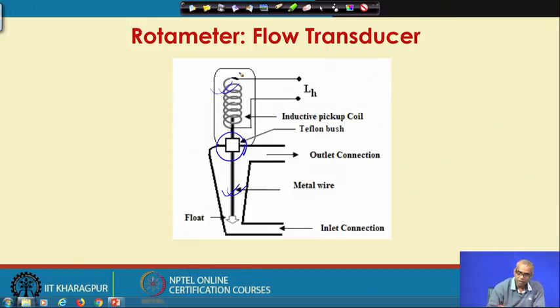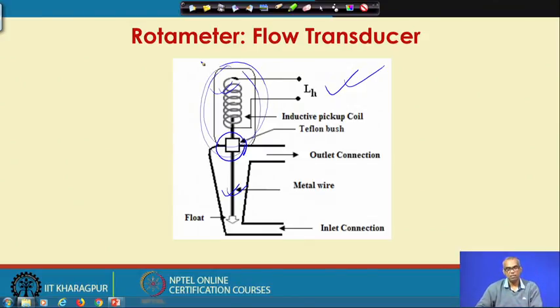I have attached a metal wire with the float, and as the float changes its position, the metal wire goes up or comes down through this inductive coil. Accordingly, an electrical output will be produced here. You can also have an LVDT here.